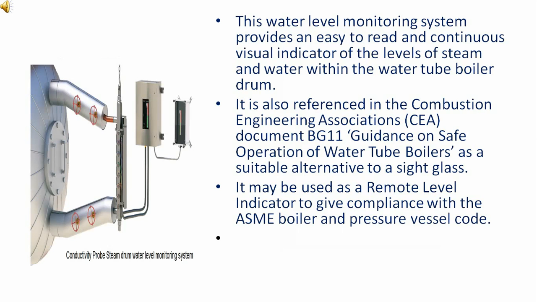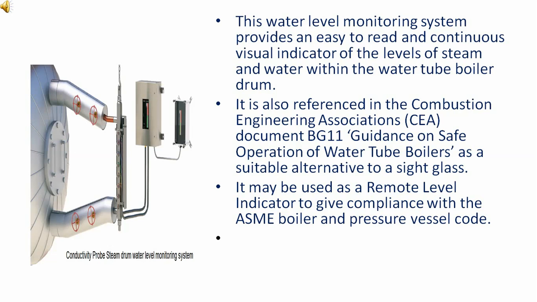This water level monitoring system provides an easy to read and continuous visual indication of the levels of steam and water within the water tube boiler drum. It is also referenced in the Combustion Engineering Association's document Guidance on Safe Operation of the Water Tube Boilers as a suitable alternative to a sight glass.